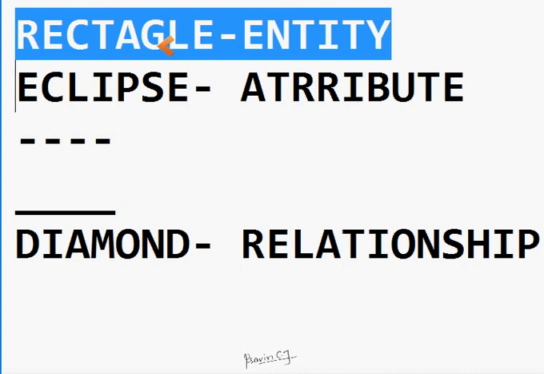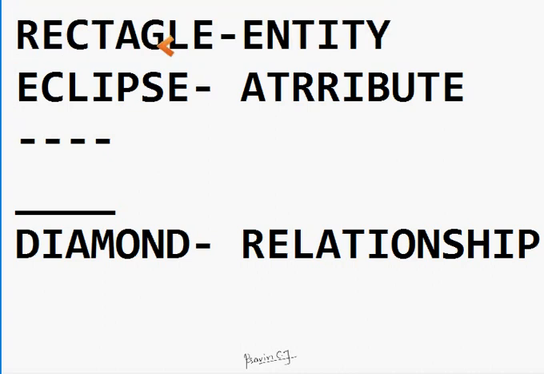Regarding attributes, an ellipse represents the attribute. If a line is drawn below the attribute name, that attribute represents a primary key.